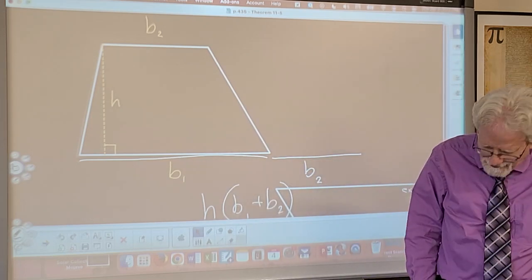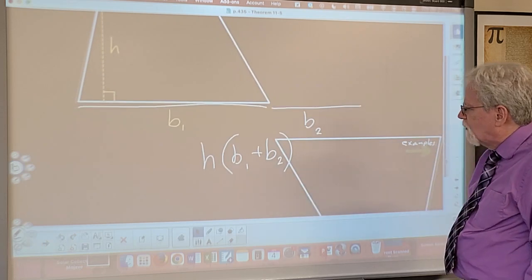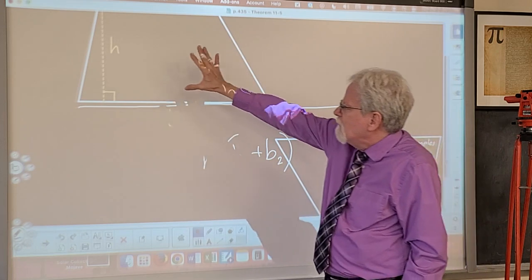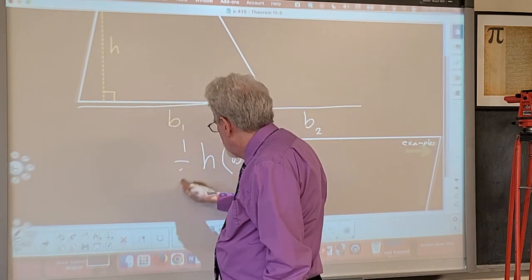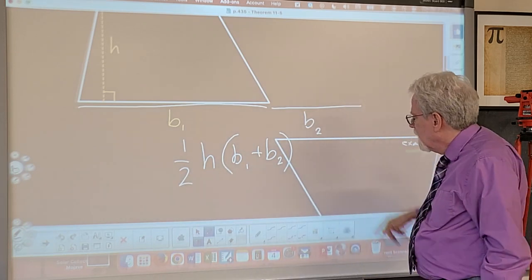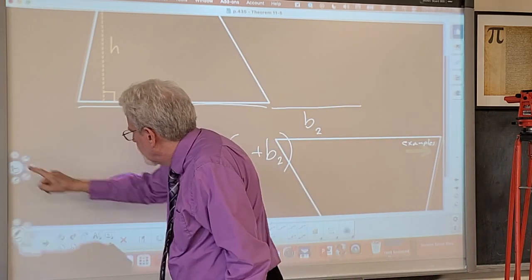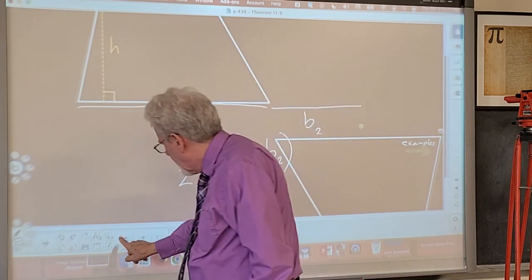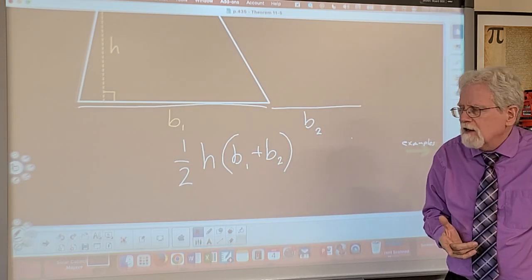You are right. Good thinking. We don't want the entire H times B1 plus B2. We don't want the entire parallelogram. We will only want half of it. So we just take half. And there we have the famous formula for the area of any trapezoid.